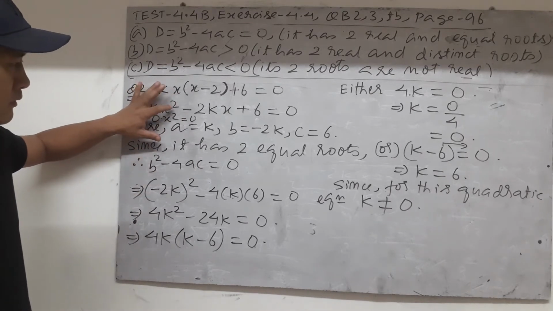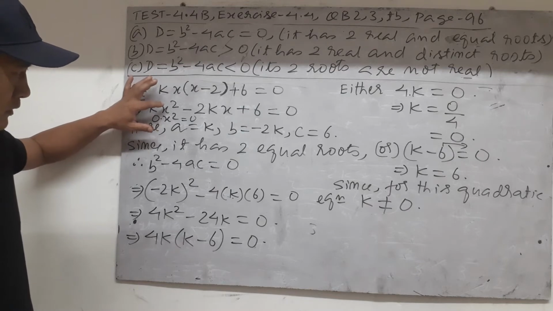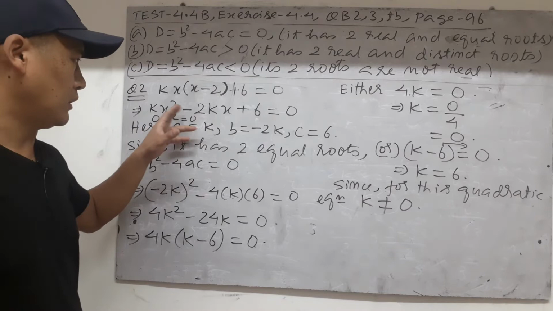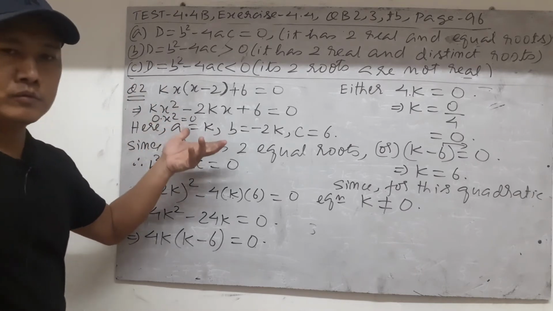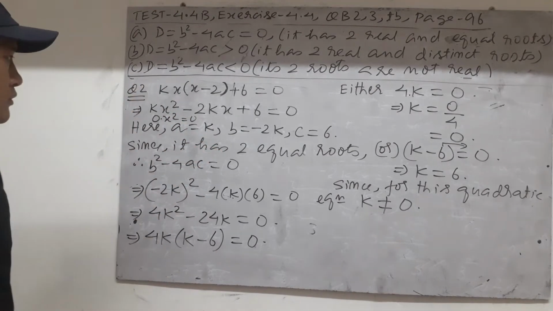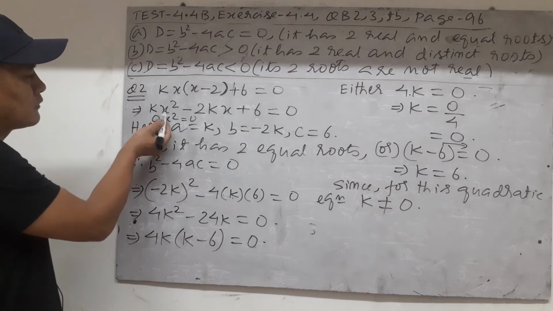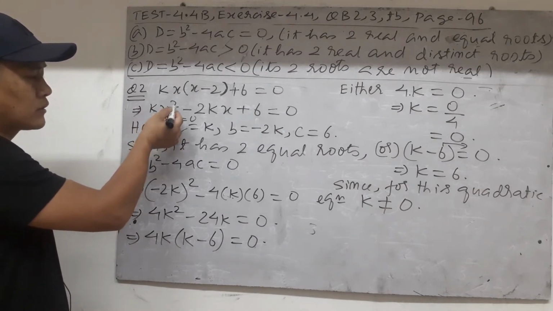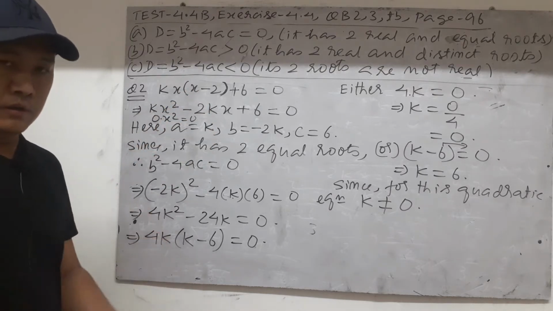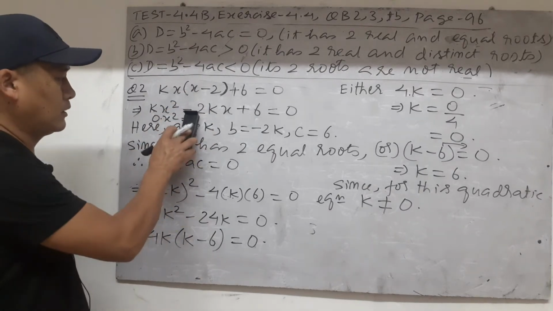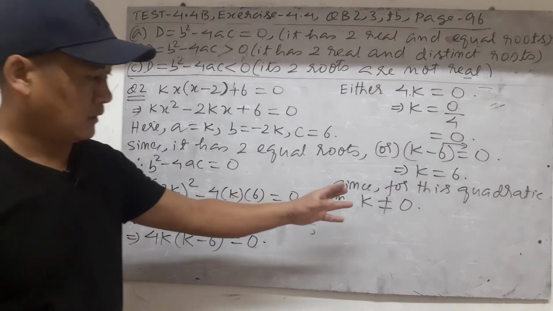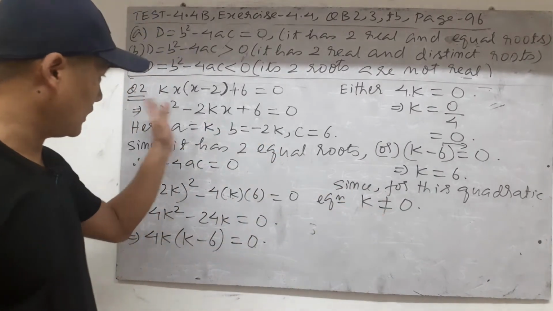Any equation having no power x square, or where the highest degree of the polynomial is not 2, is not a quadratic equation. So for a quadratic equation, the coefficient of x square, which is k in this case, cannot be 0. If it's 0, then x square will disappear, and the moment x square disappears, it stops being a quadratic equation. That's why we say k cannot be equal to 0 for this equation especially.